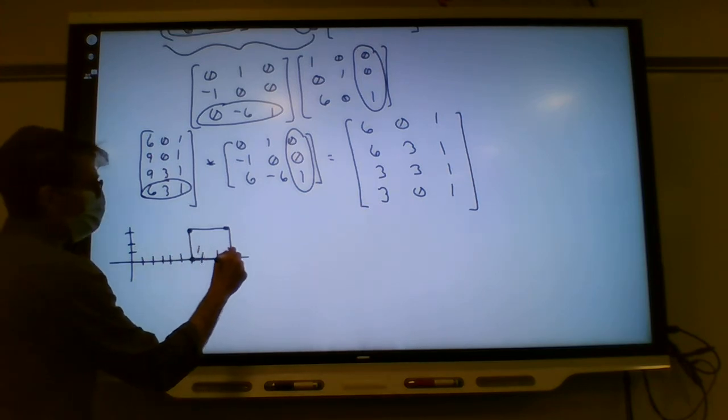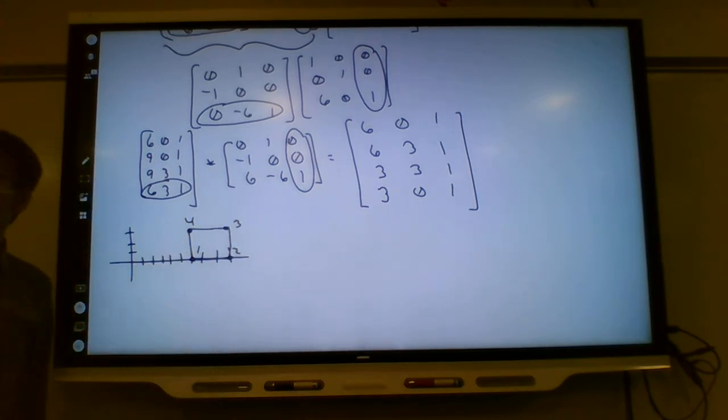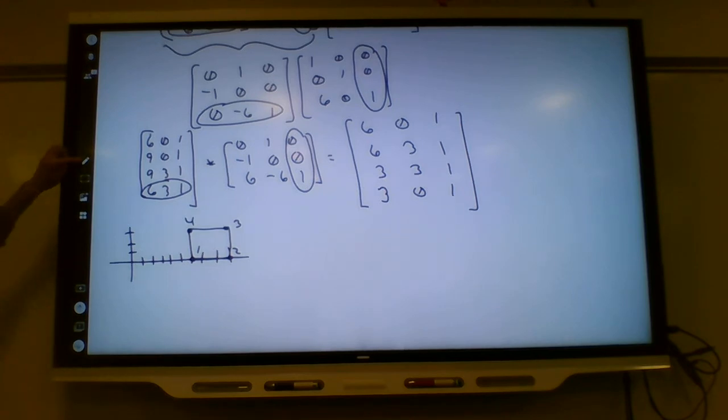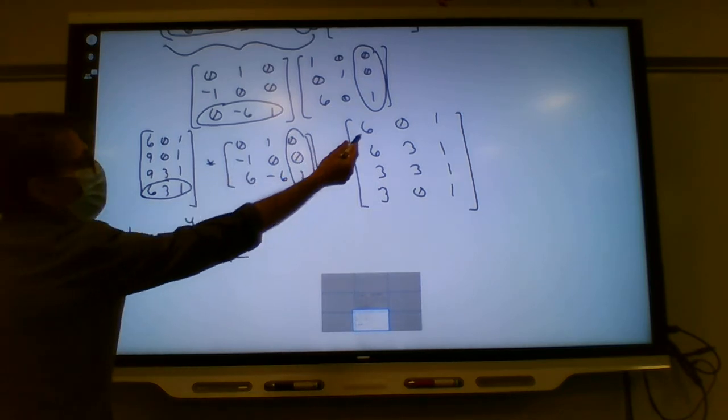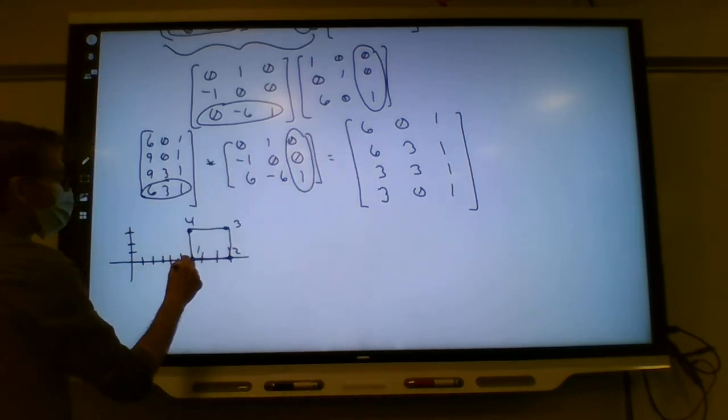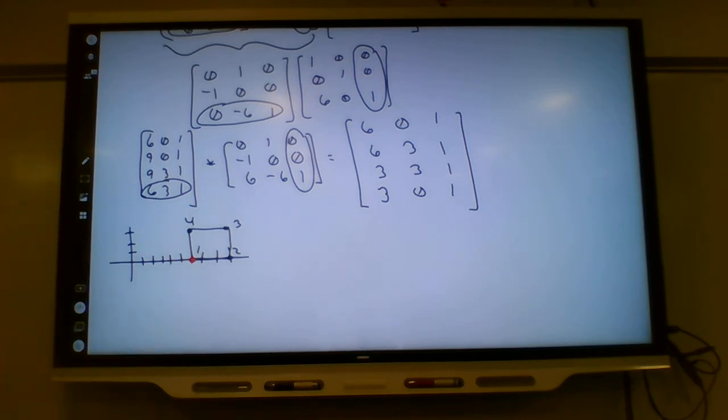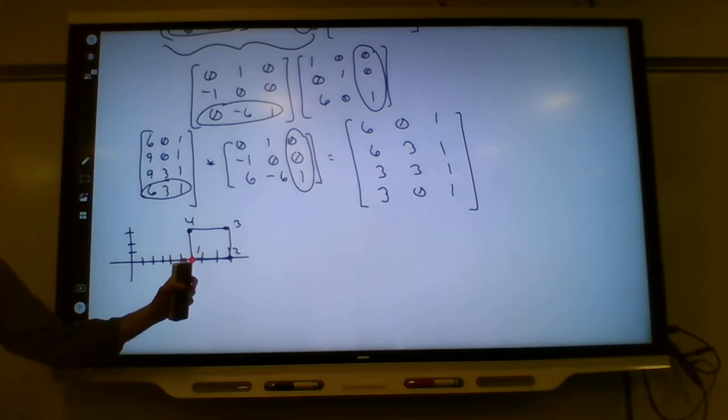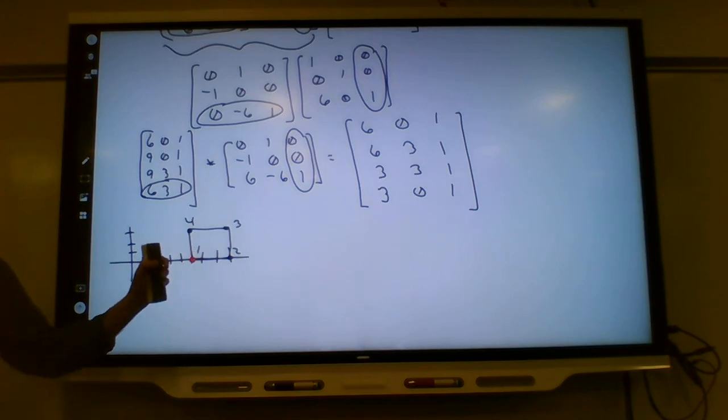Had the points 1, 2, 3, and 4. And now let's see what we have. Point 1 is right here. We were wanting to rotate about that point, because that's the one that we moved to the origin, or moved to that location and rotated.